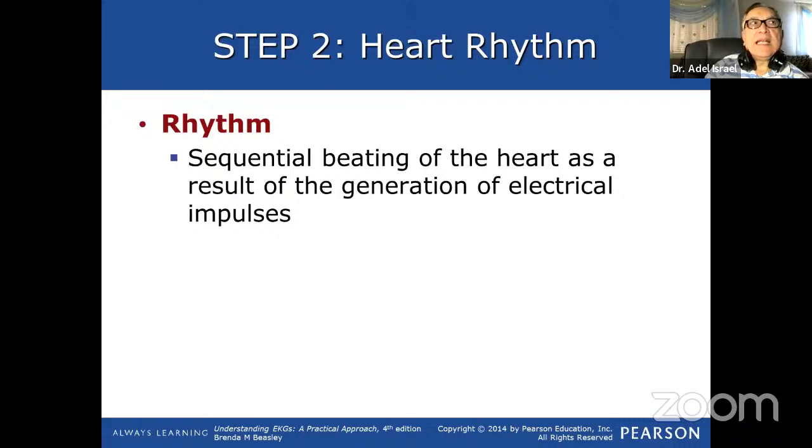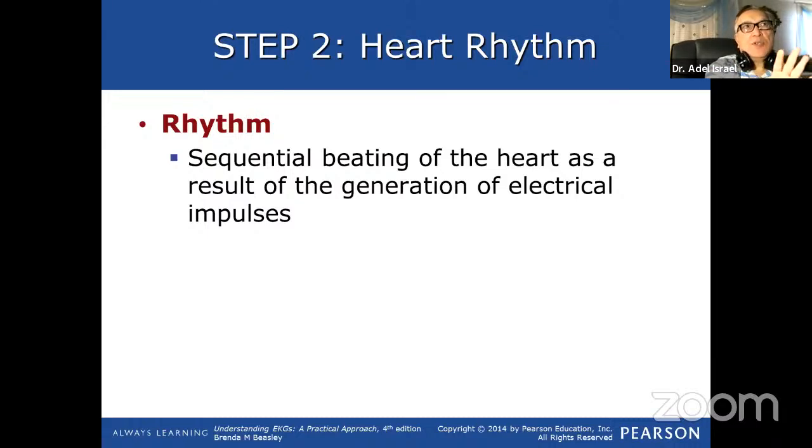Then the second step, as we know, is the rhythm, and the rhythm can be simply, I need you to go over it as a simple, regular or not regular. How can I judge if the R is fixed or almost fixed? I will consider this is regular. If it comes wider, comes narrower, it is irregular, like in certain diseases we are going to face in the next chapter.